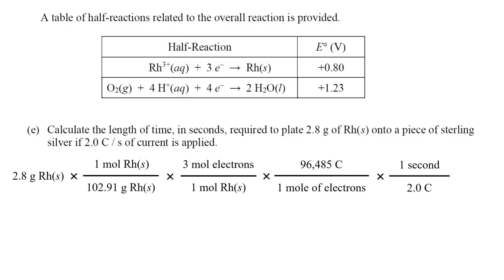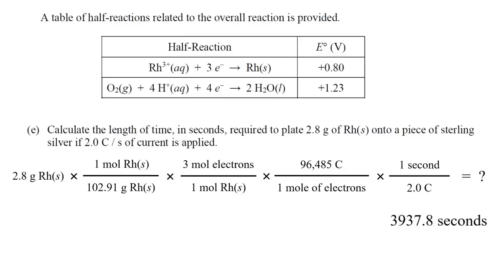When I do this math, I get 2.8 divided by 102.91 times 3 times 96,485, and then finally divided by 2. And this is my unrounded answer: 3,937.8 seconds. Now that's a lot of significant figures.